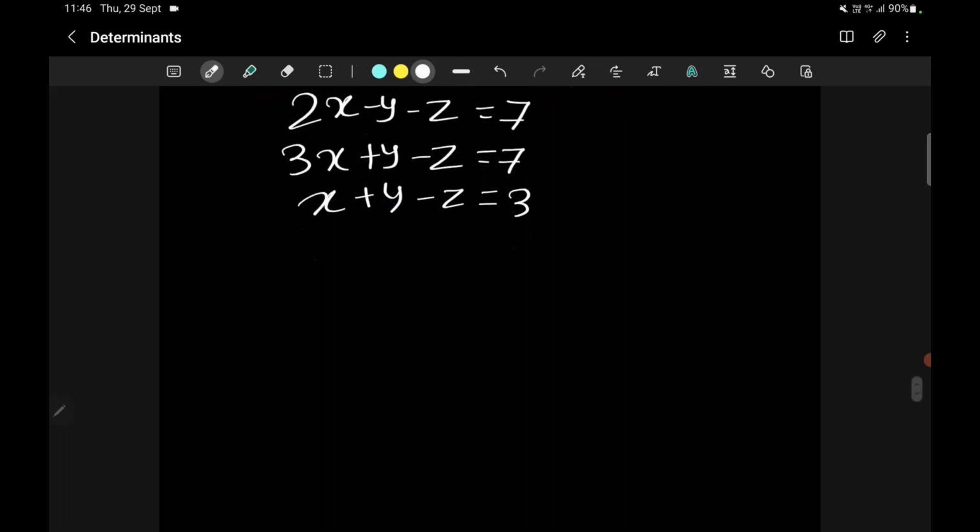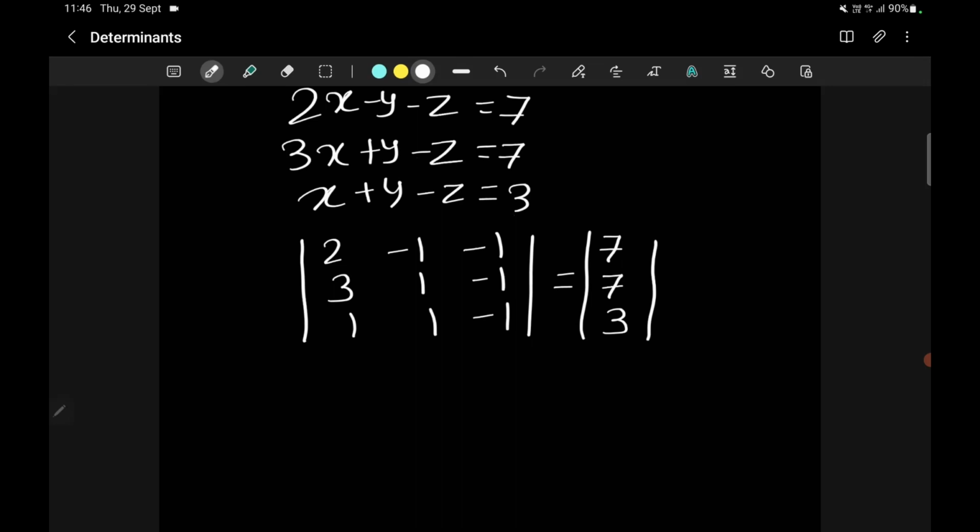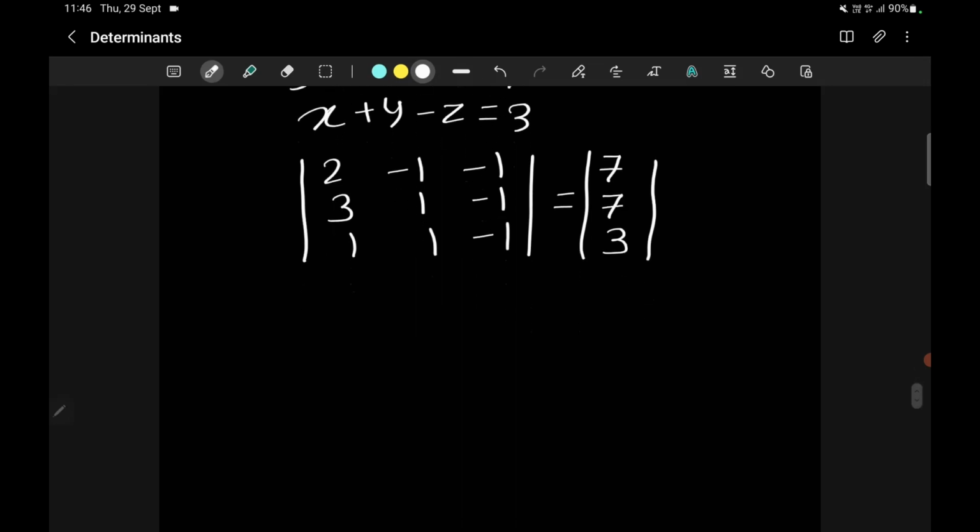Let's write this in determinant form. 2 minus 1 minus 1, 3 1 minus 1, 1 1 minus 1, and this will be 7 7 3. First we will find delta.